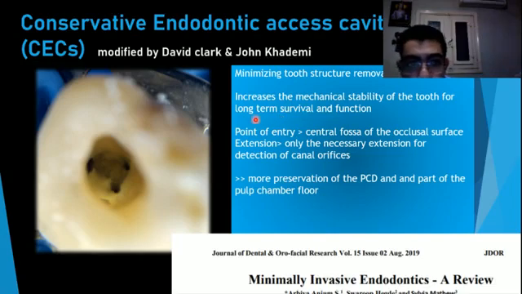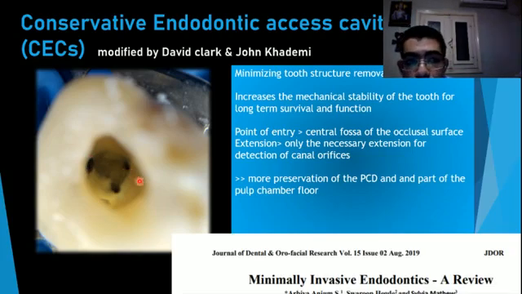Regarding the steps of this type of conservative access cavity, the point of entry is from the central fossa of the occlusal surface, and we do the extension which is necessary only for detection of canal orifices. We extend our cavity till we detect the orifices of the canals. There is no flaring of the walls.